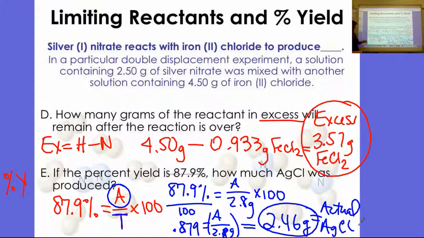So you can see now I can give you the percent yield or the actual, and you calculate the other one. The theoretical yield will always be calculated in a question above, like the part C that we did before. We'll do lots more practice of this on the worksheets. Write down your questions. Let me know what they are. We'll go over it. We'll do more so you get comfortable with these kinds of mole calculations, plus the limiting reactant, and the final piece is the percent yield equation.